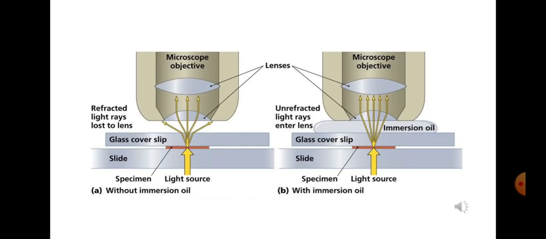This is different from other mediums such as water or glycol, where the refractive index changes each time the light hits the glass and water, potentially decreasing the image integrity.